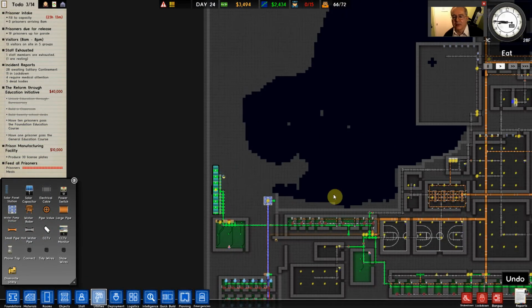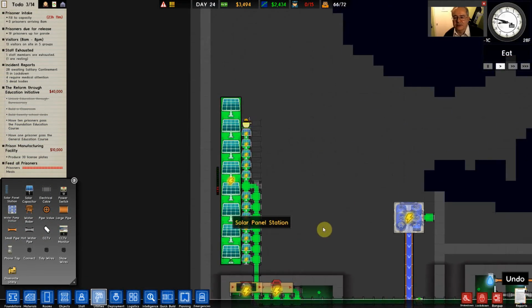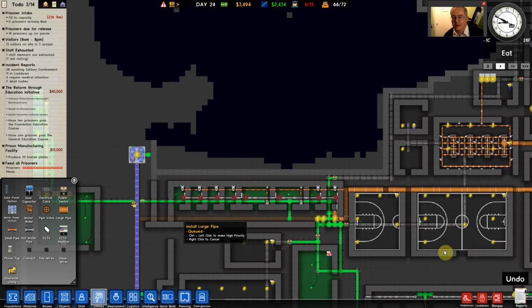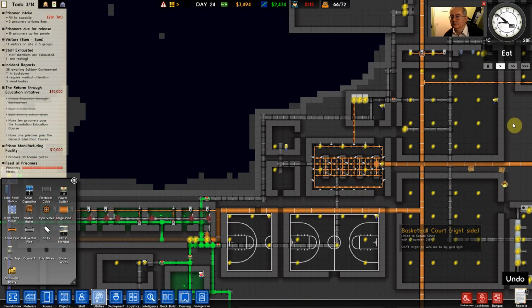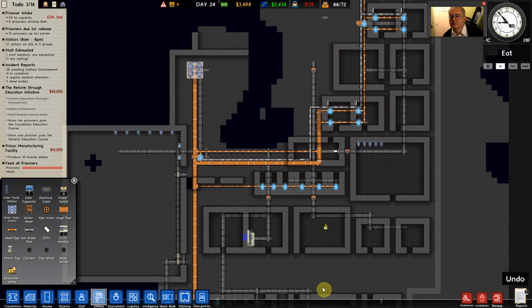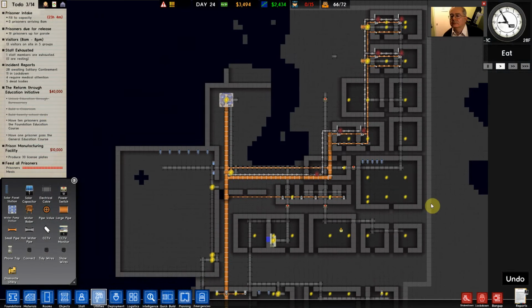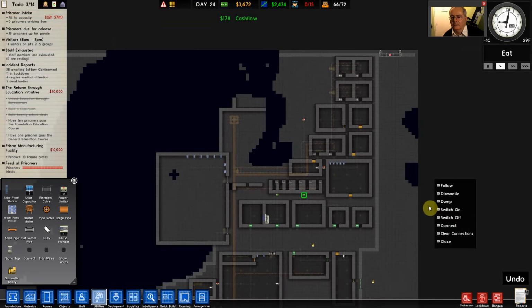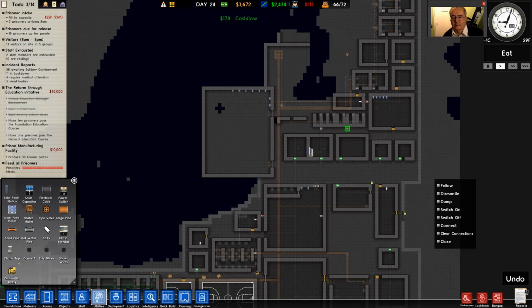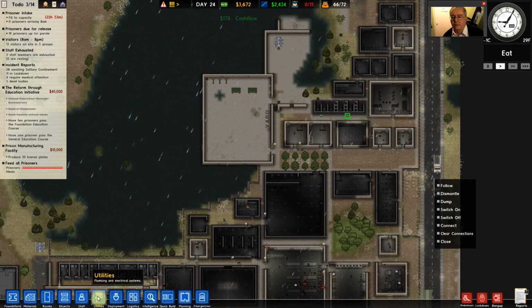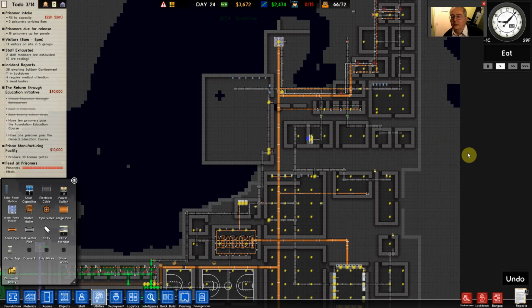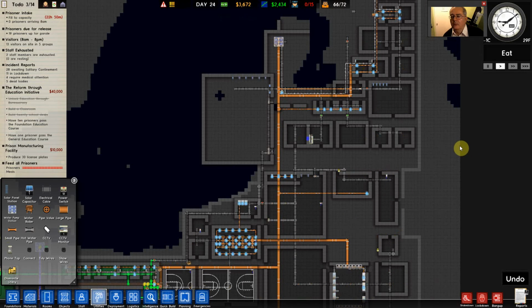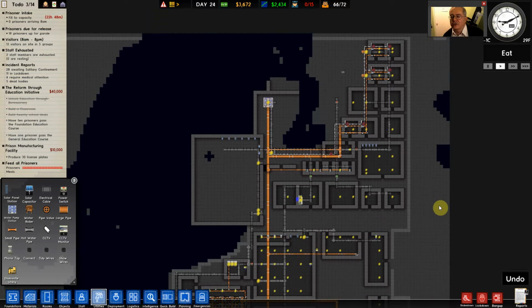How are we doing for power supply here? It's fine. I can switch on another section, I think. Oh, maybe I can't switch those on.